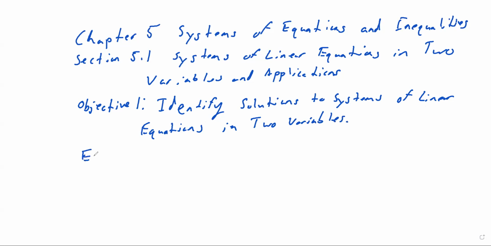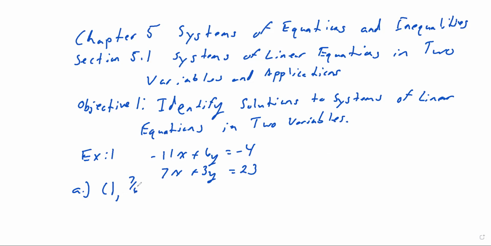First example, if I give you negative 11x plus 6y equals negative 4 and 7x plus 3y equals 23, and I ask these two questions: is (1, 7/6) a solution, and is (2, 3) a solution?